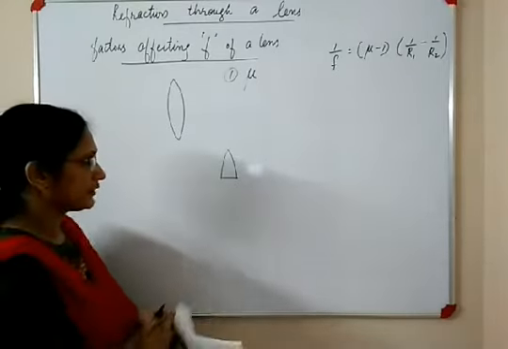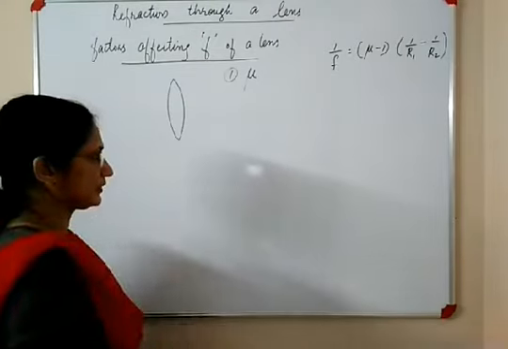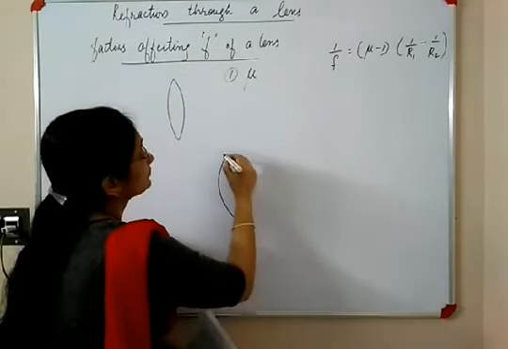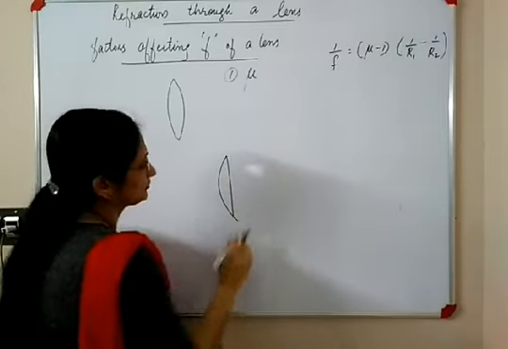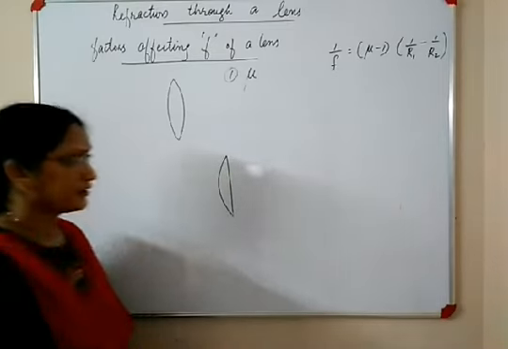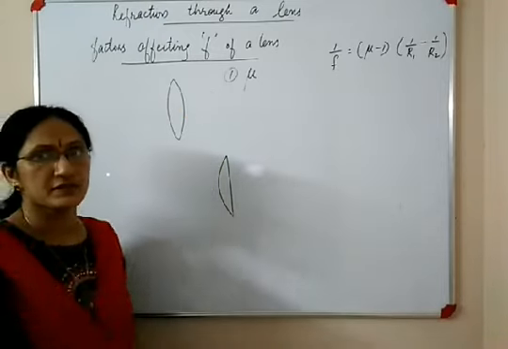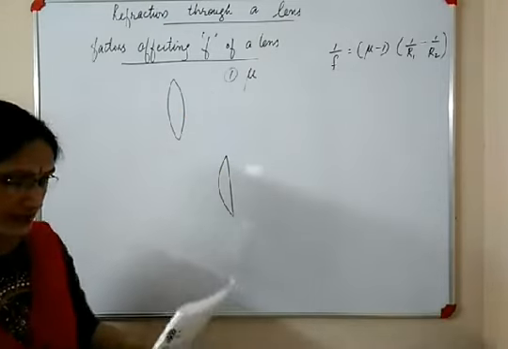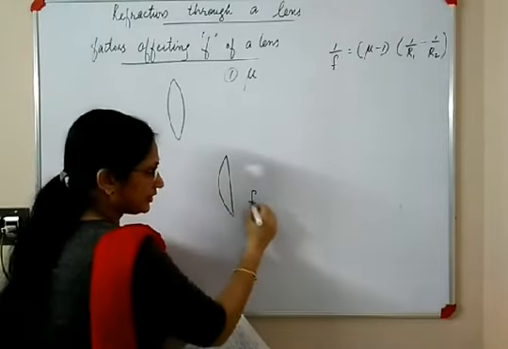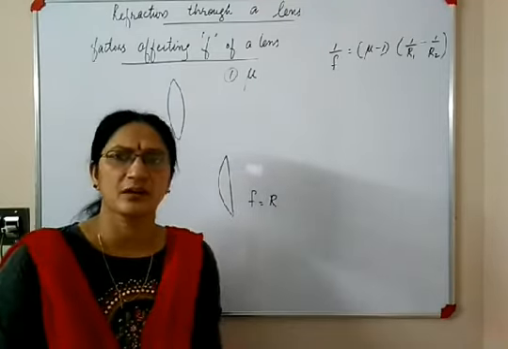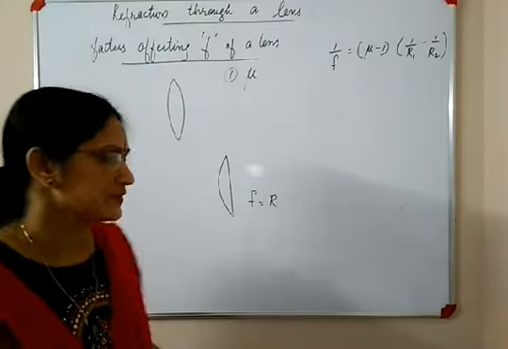What will happen if you are cutting a lens vertically into two equal pieces? Its explanation doesn't come in your syllabus, so I'm just skipping.